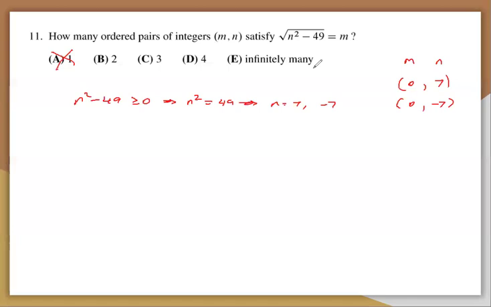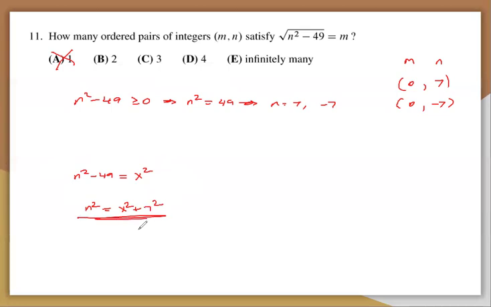When you look at the perfect squares, I'm going to just write this here: n squared minus 49 equals a perfect square. Let's call this x squared. If you add 49 to both sides, you get n squared equals x squared plus 49, which is 7 squared.